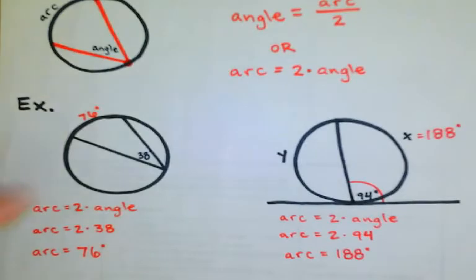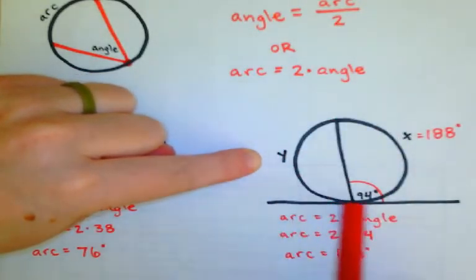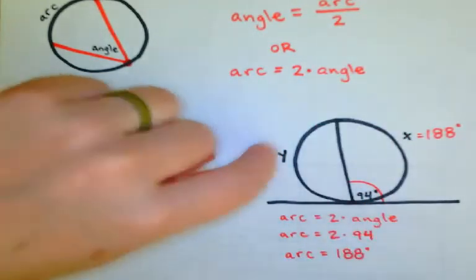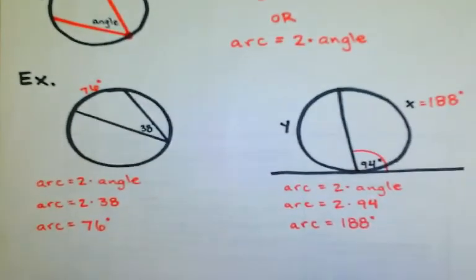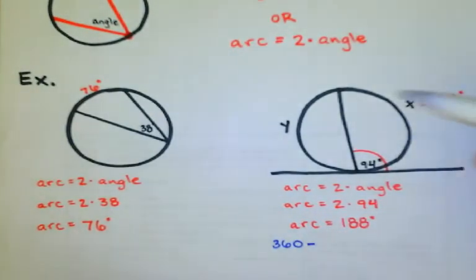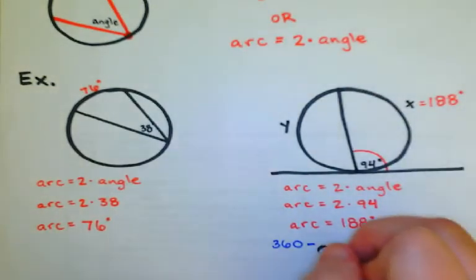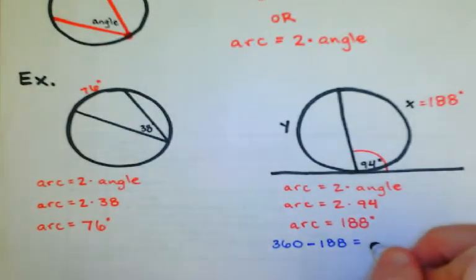All right, now how would we find y over here? We've got a full circle, right? So how many degrees are in a full circle? 360. So if I take 360 minus what? The 188 was part of our circle. That's going to give us our y.